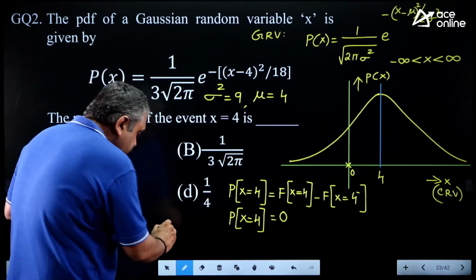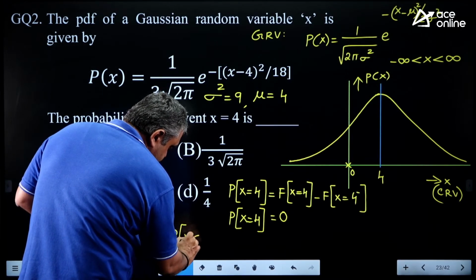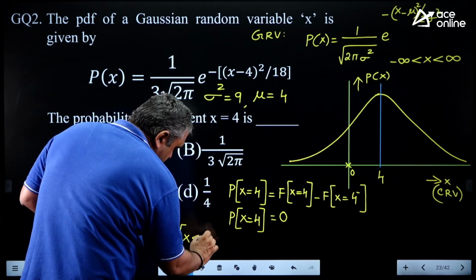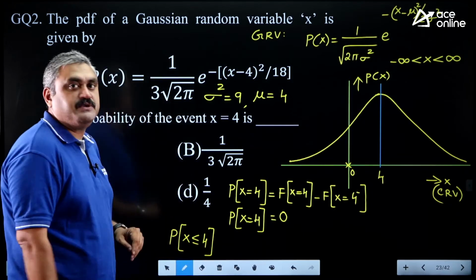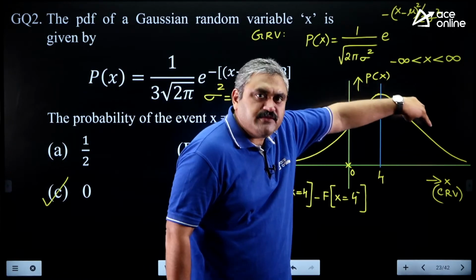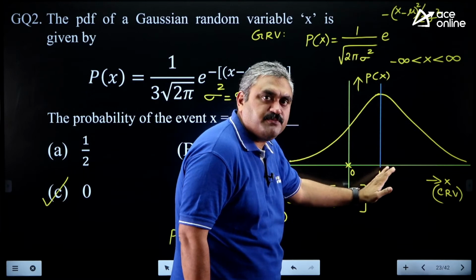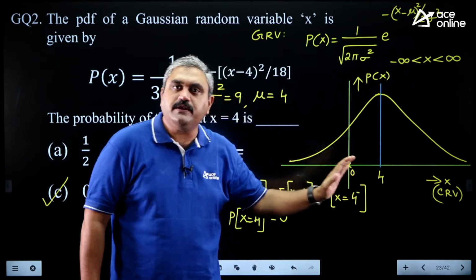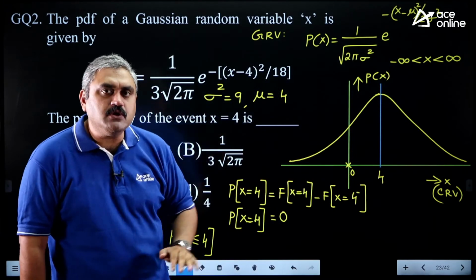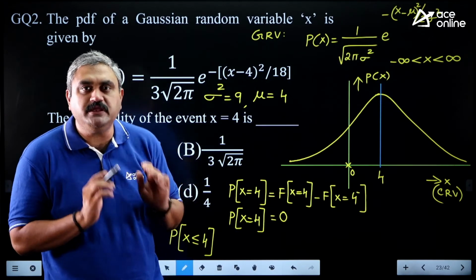Now, same question, suppose if he is asking, what is the probability of x taking all the values from minus infinite up to its mean, 4? Means what? You know the total area under the density function is 1. Now, because the density function is symmetrical about its mean, that is a very important property of a Gaussian random variable. Any Gaussian random variable will be symmetrical about its mean, means it's an even function about the mean.